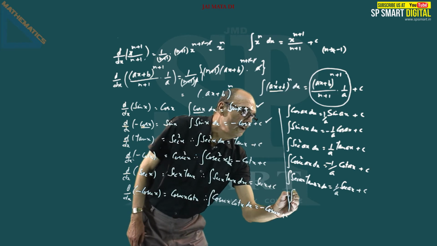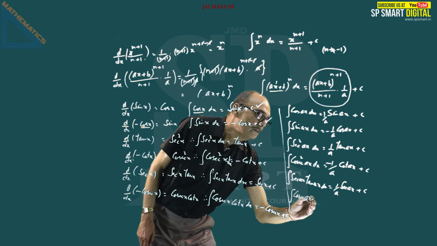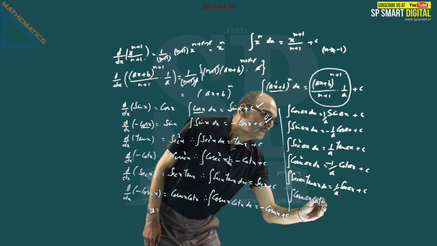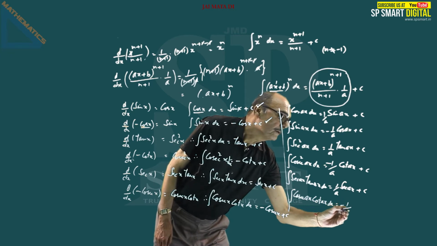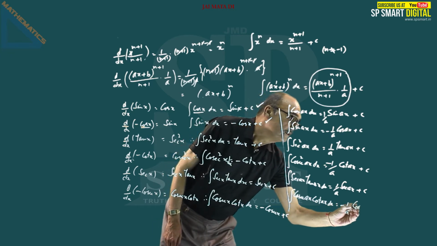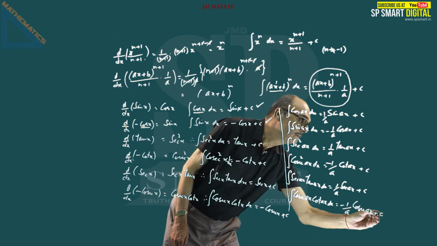And lastly, we have cosec ax cot ax dx is minus 1 by a cosec of ax plus c.